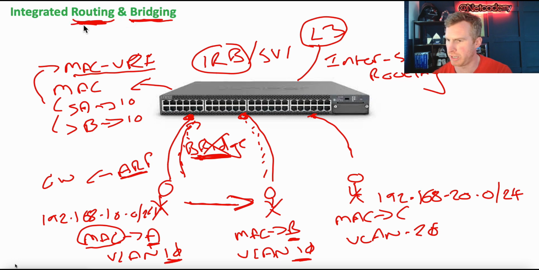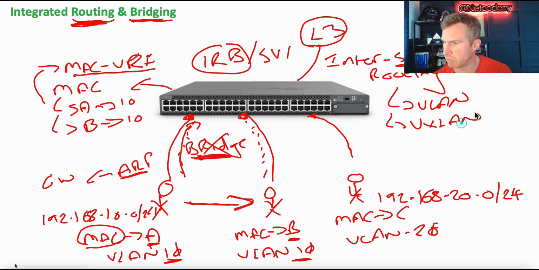Bridging, we are bridging from one interface over to another interface. Now it may be on the same switch or it might be on different switches. Or we've got routing where we are routing between different subnets, different virtual networks. So this would be inter-VLAN routing, but in the VXLAN world this would be inter-VXLAN routing, inter-VNI routing.